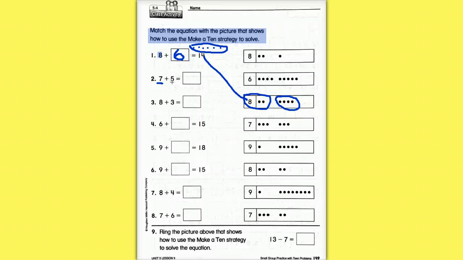I'm going to draw a picture just to help you. So 7, and I'm going to draw 5 dots. 1, 2, 3, 4, 5. So 7, 8, 9, 10, 11, 12. So 7 plus 5 equals 12. Go ahead and write that in the box.